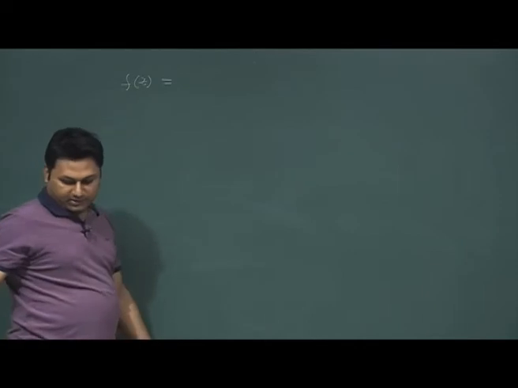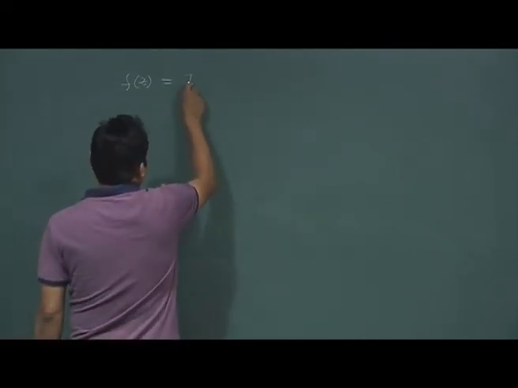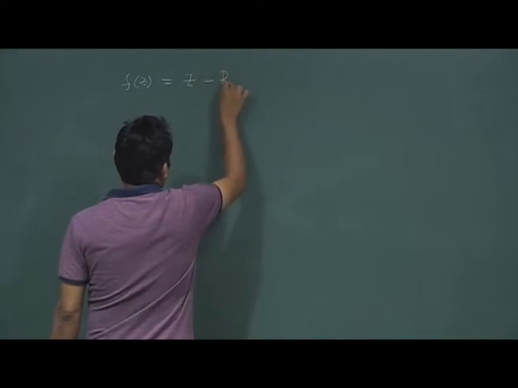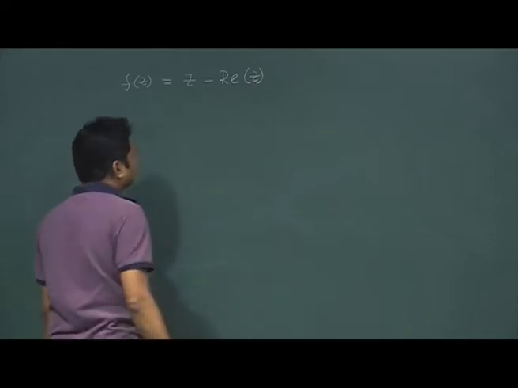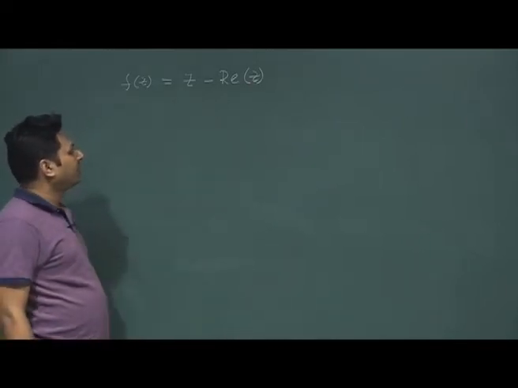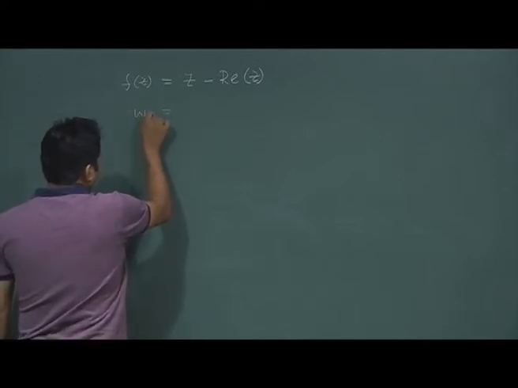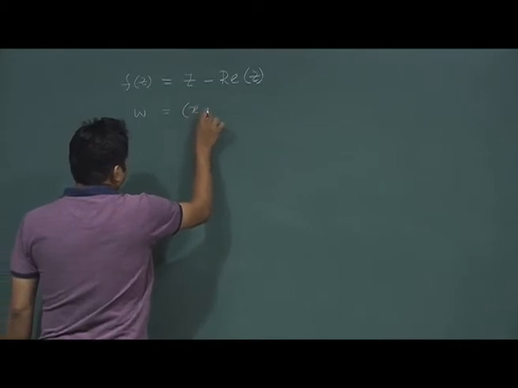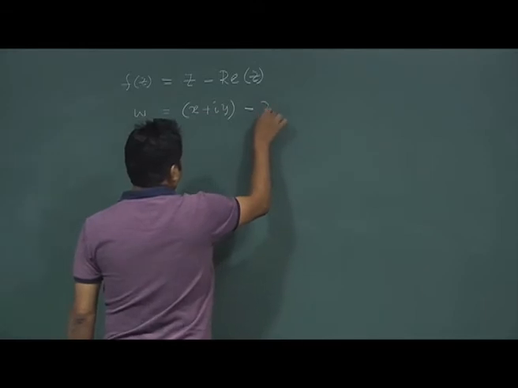So what is the function of, say, z minus real part of z? This is also a function. If I write it in the xy form, w is x plus iy, and real part of z means minus x.